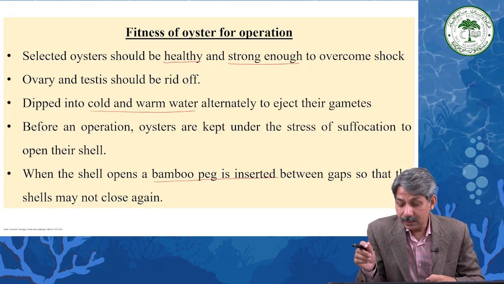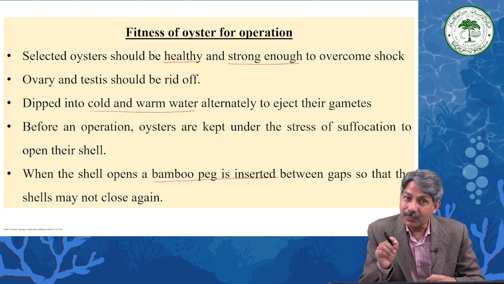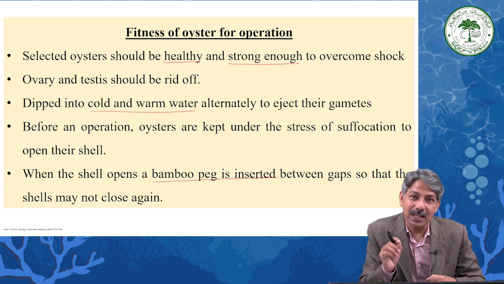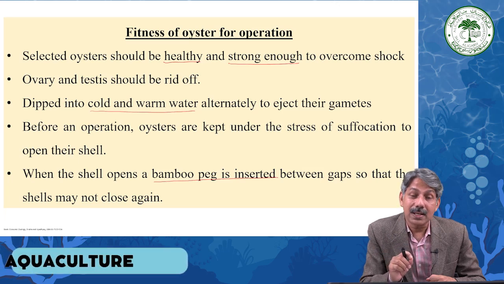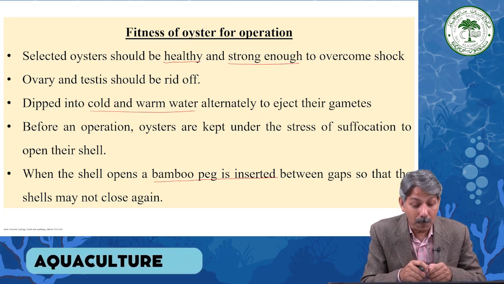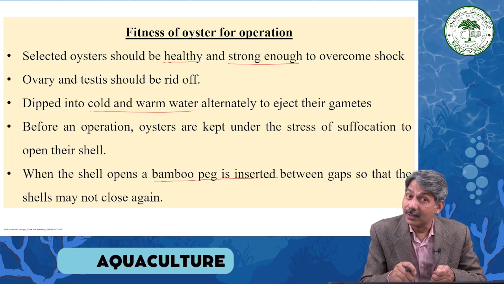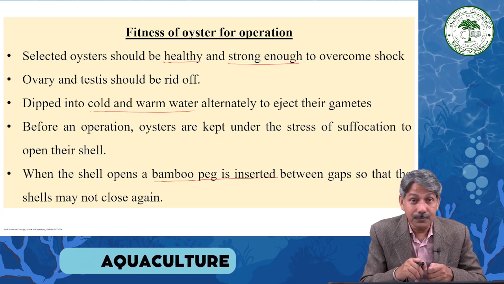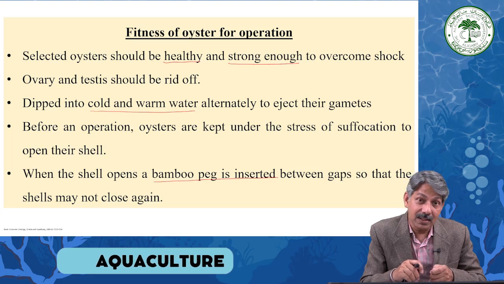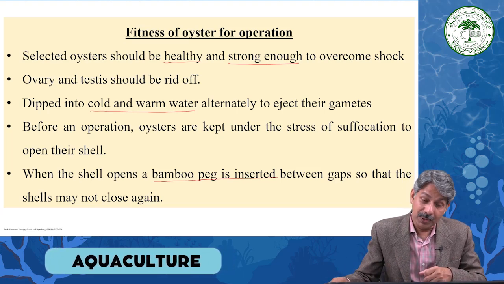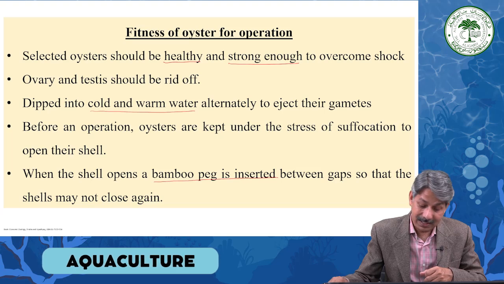When the shell is open, we simply put something in between the shell, a bamboo peg of appropriate size. That size should be taken into account, so that you are not opening the shell too much, which may damage the muscles. And if the shell gets injured, then your operation may not be that successful.